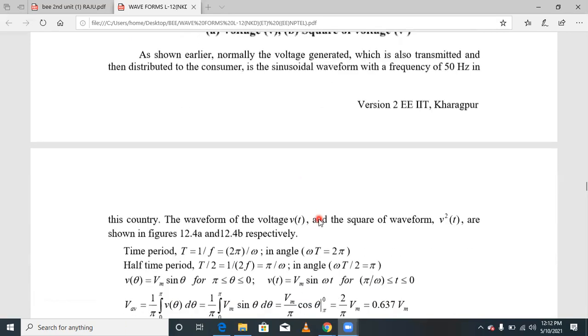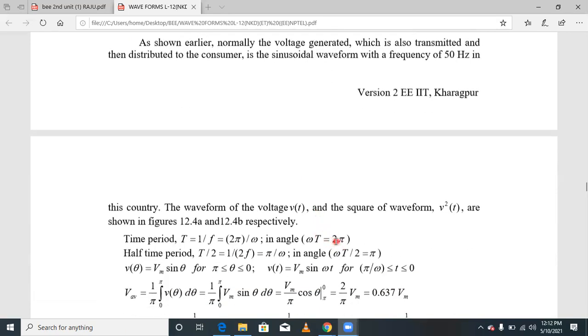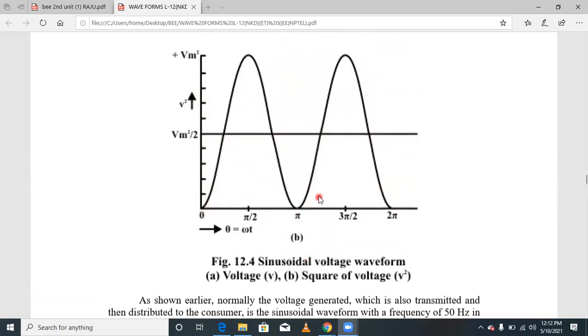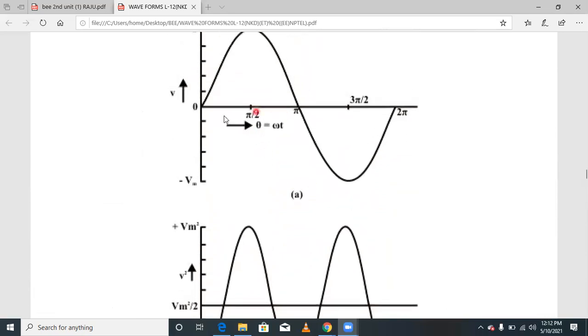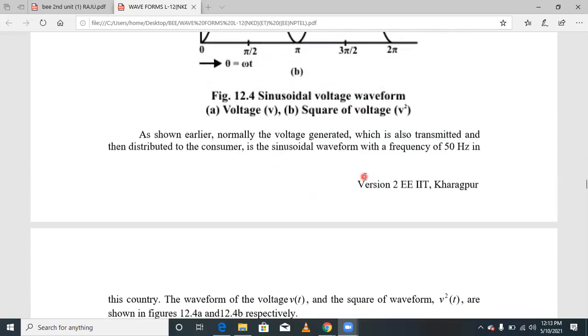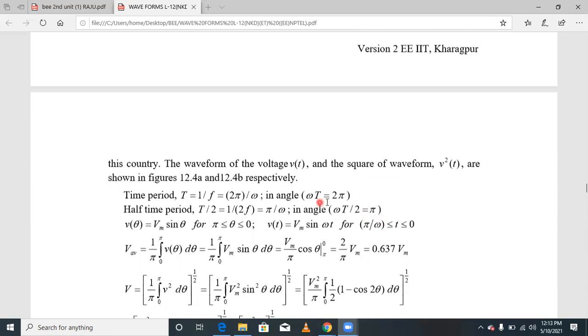2 pi is equal to 360 degrees. This is the complete cycle: positive, zero, negative is called one cycle. From 0 to 2 pi is one cycle, where theta is equal to omega t and omega t is equal to 2 pi.